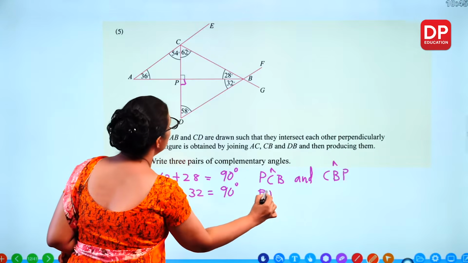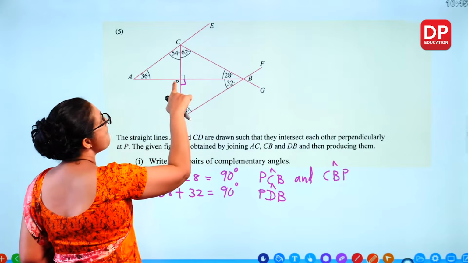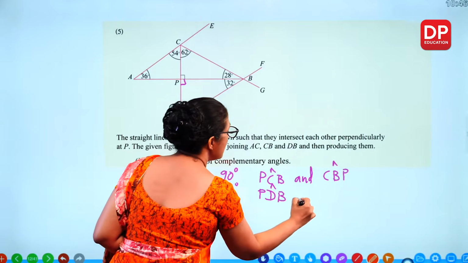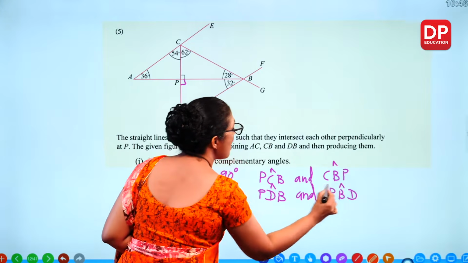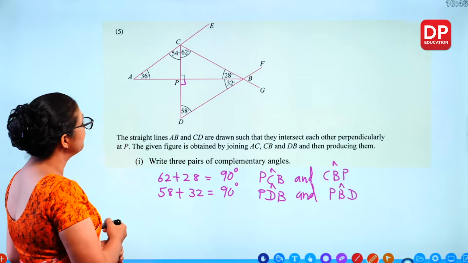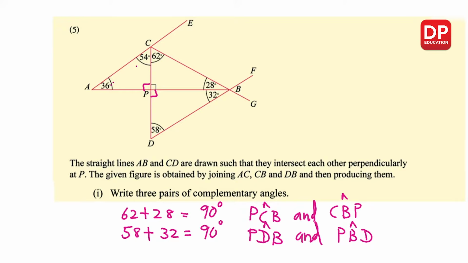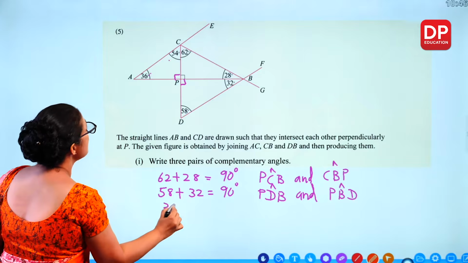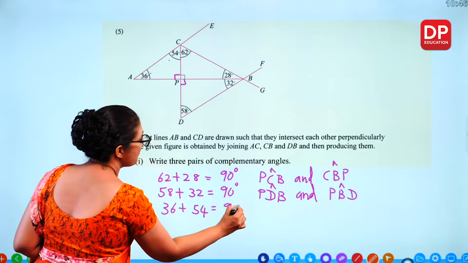PDB angle and PBD angle. Those are complementary. What else? We'll look at these two. These two also 90 degrees. So 36 and 54 also 90 degrees.